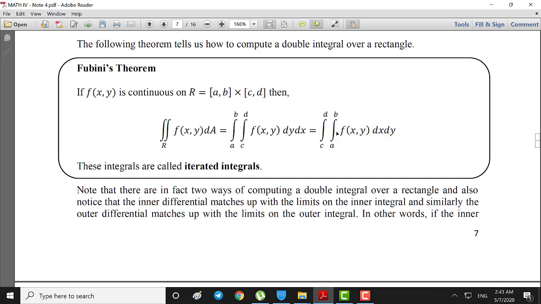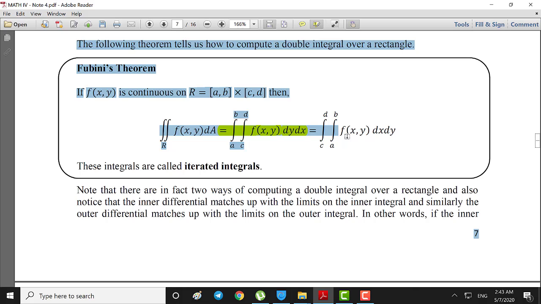Now, these are all pieces of knowledge. We haven't yet understood how to actually calculate these iterated integrals. Okay? We haven't yet learned how to calculate these. That is our next subject of discussion.